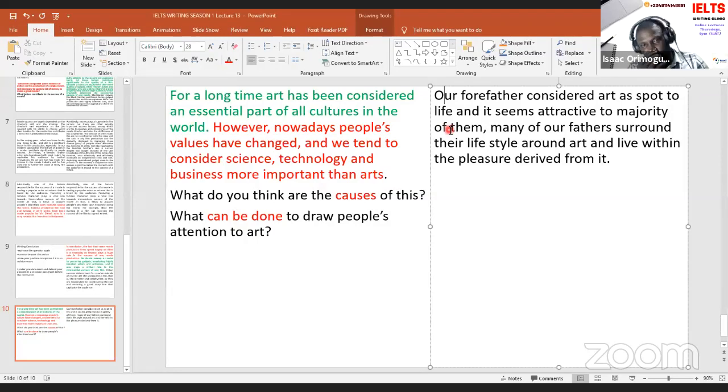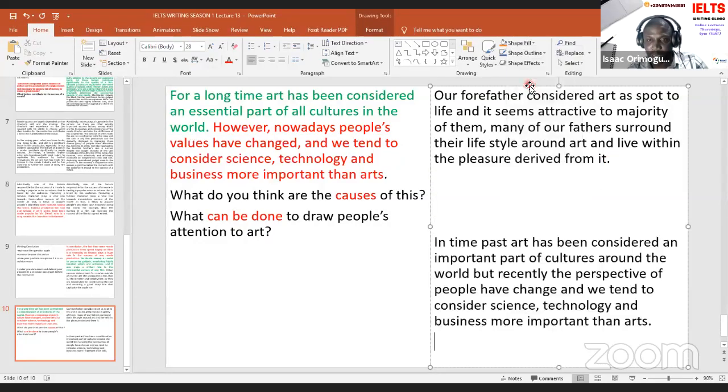Okay, this was the response I got, but I think this person only addressed one part, and then there are even some problems with that part that was addressed. Okay, I'm going to pick the second response. Our forefathers consider art as a sport to life.